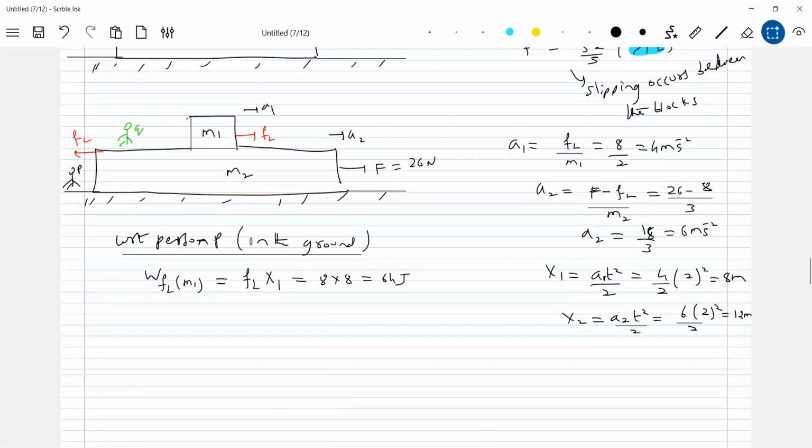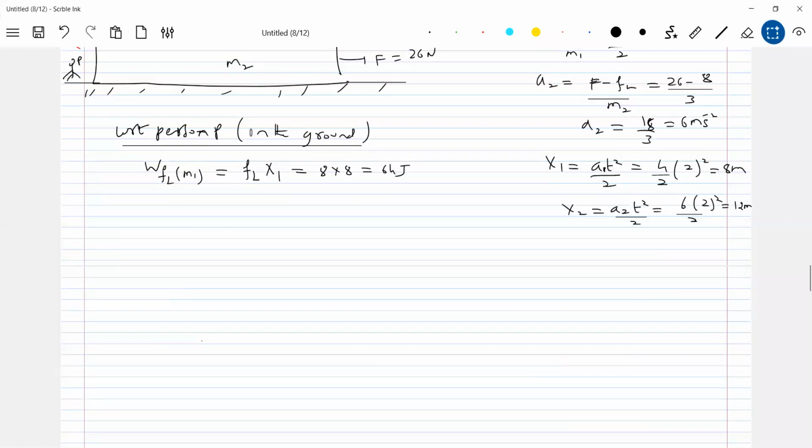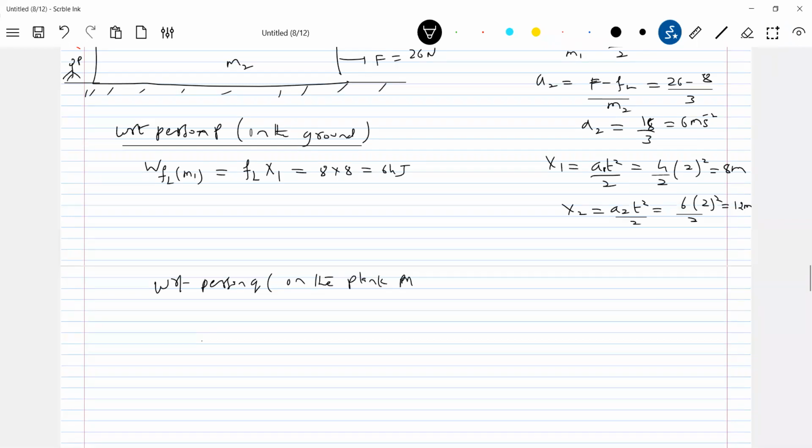Now come to this one. With respect to Q, what will happen? What we did with respect to person P on the ground was the work done by the friction on the block M1. With respect to Q, we'll calculate. Q is on the plank M2.